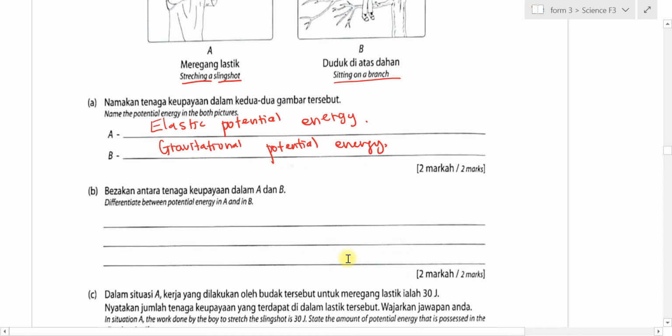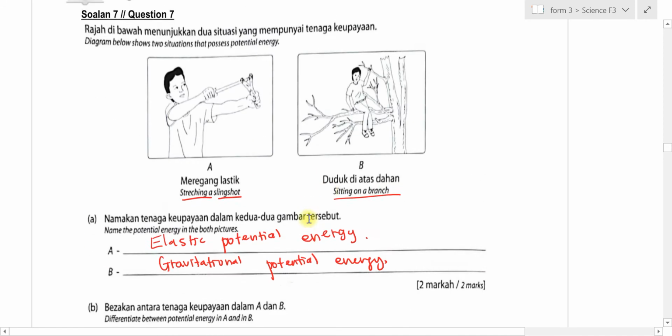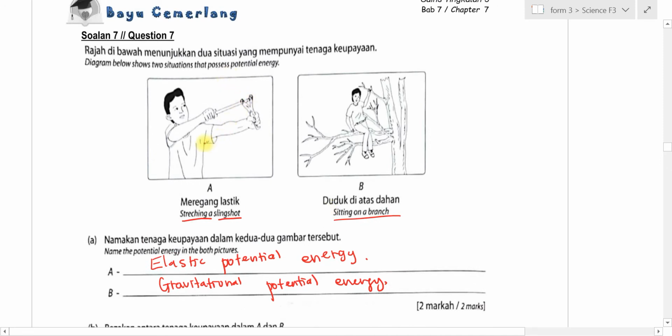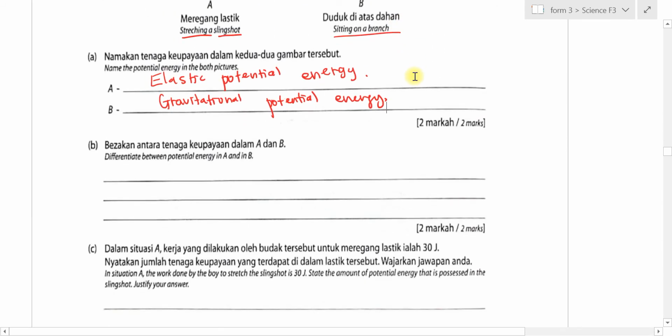And the subsequent question asks us to differentiate the potential energy in A and B. The potential energy of situation A is due to stretching or compression, while B is due to the position, especially high position. Okay, let us differentiate. If your answer sounds similar, or you need verification, you just read out your answer.